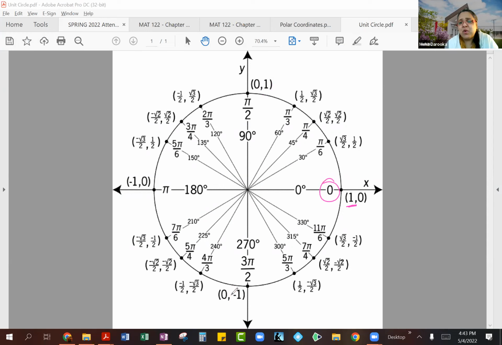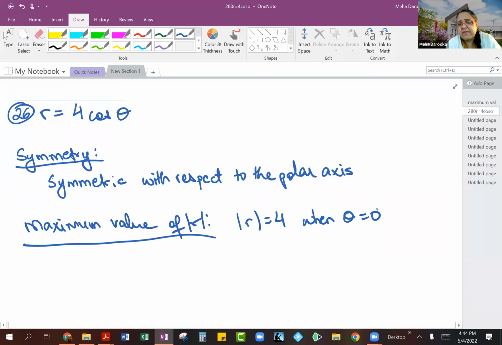So in that same way with the cosine function, when you have +1 or -1, you are going to get your maximum R value. So that's going to happen at angle 0. So in this case, your theta would have to be 0, because when you put 0 in for cosine, you get 1. 4 times 1 ends up giving you 4. So that's going to be your maximum value.